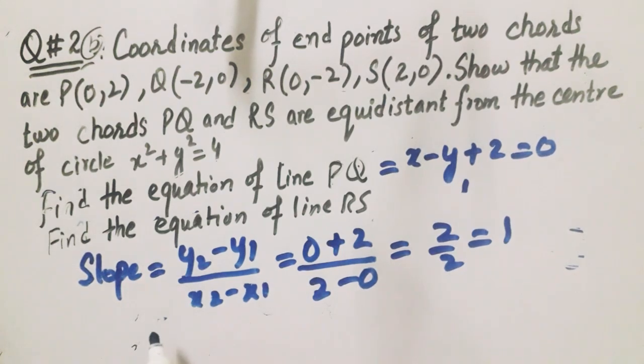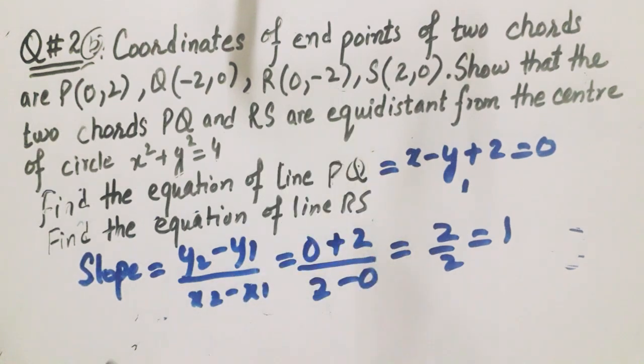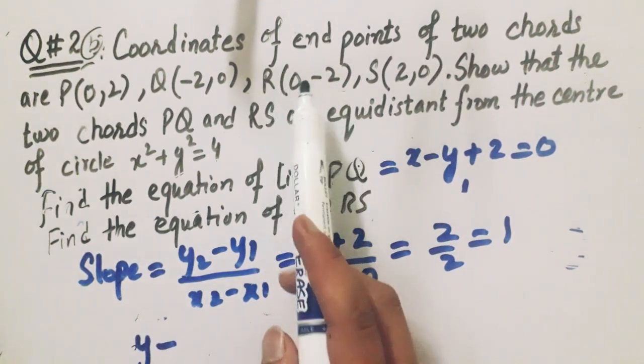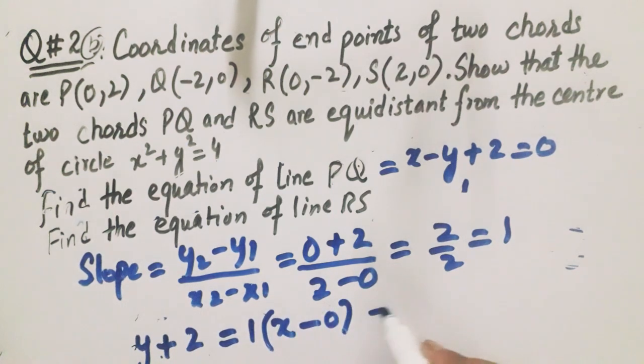Now using the point slope form with the point R, 0 and minus 2, we will write the equation. So the equation will be y minus the y of R, which is minus 2, so it becomes y plus 2, equals 1 into x minus 0.